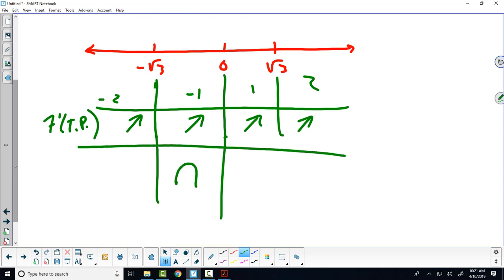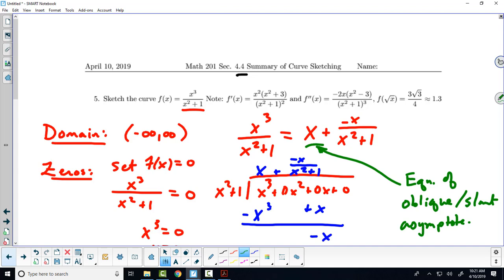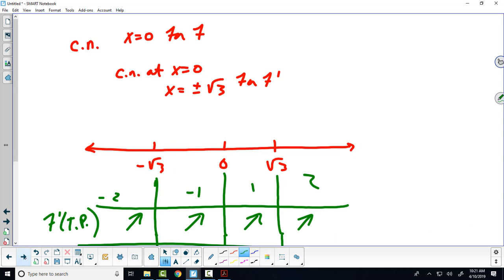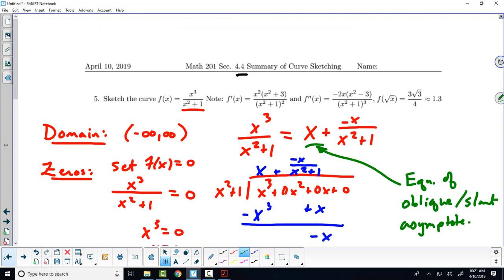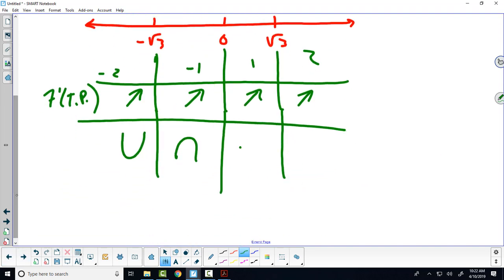So we're down. If we plug in negative 2, that's positive, so everything's positive. So we're concave up. Okay. If I plug in 1, that's negative, so we're positive, so we're concave up.